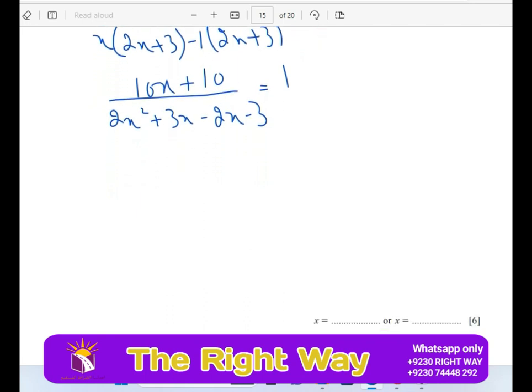Now your equation will become 10x plus 10 divided by 2x square, 3x minus 2x will be plus x minus 3 is equal to 1.